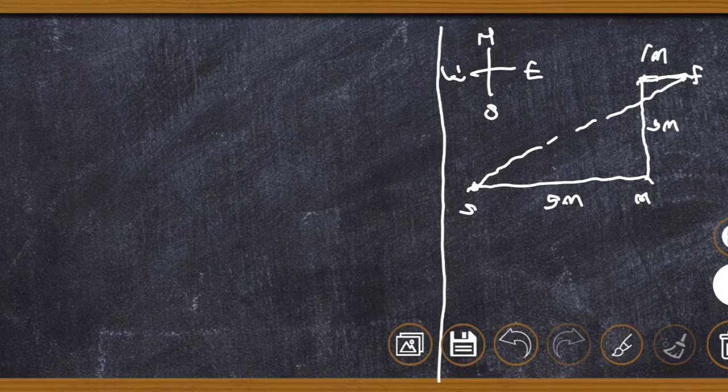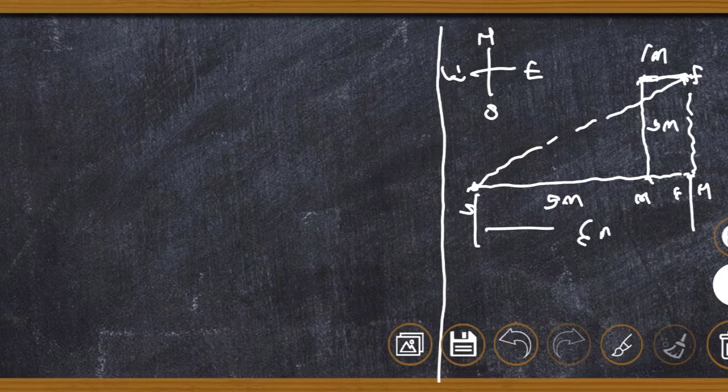If from here to here is 1, then from this point I have 1 meter, and let me take this place as point N. So from F to N I have 1 meter, and from M to N I have 1 meter, which is equivalent to this 1 meter here. So the total distance from X to N is now equal to 6 meters, while the distance from F to N remains 3 meters.